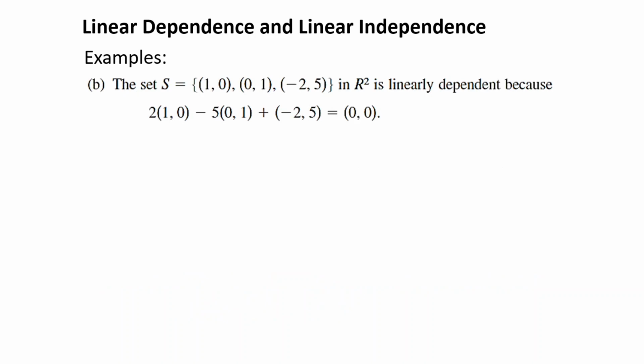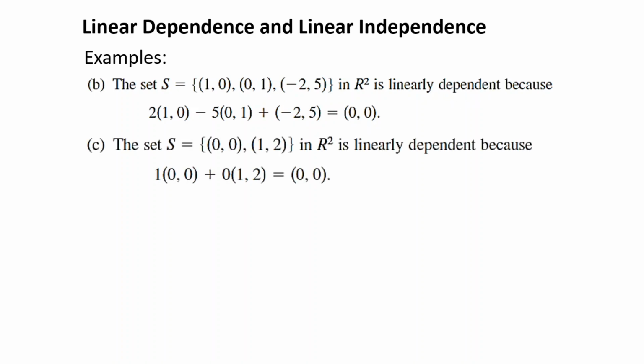Another one is, we have the set S containing these vectors in R2, is also linearly dependent because we can multiply these by scalars 2, negative 5, and 1 to yield the 0 vector, or (0, 0). So again, we have a non-trivial solution, so this is linearly dependent.